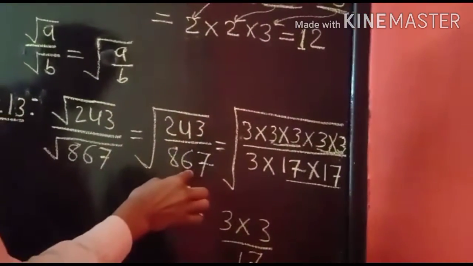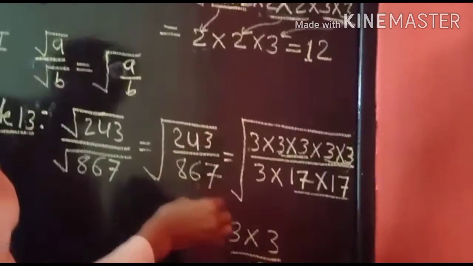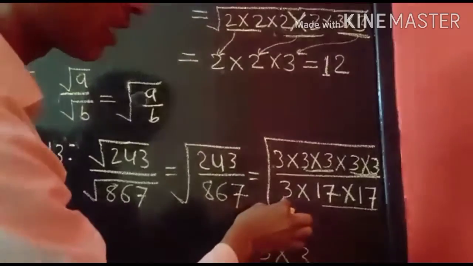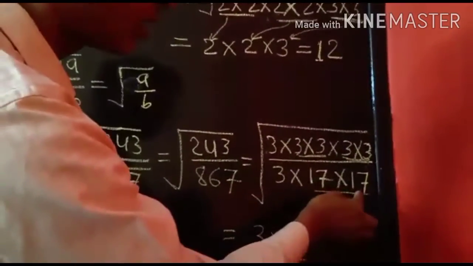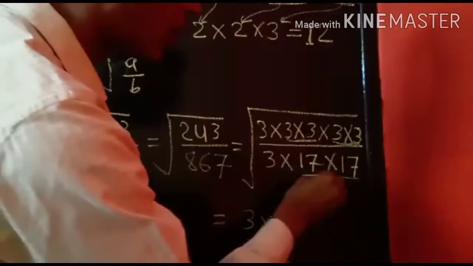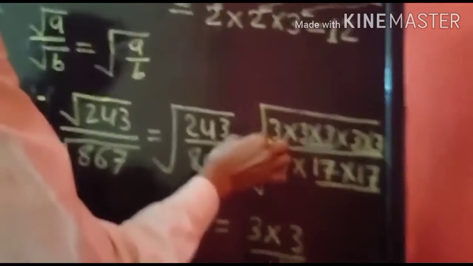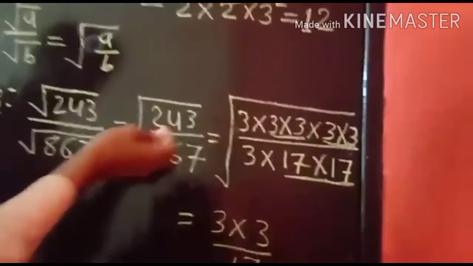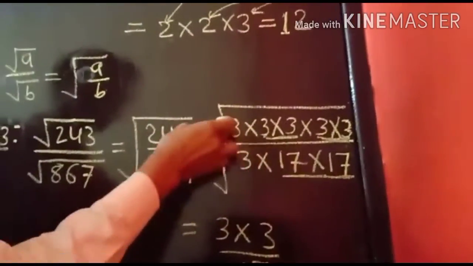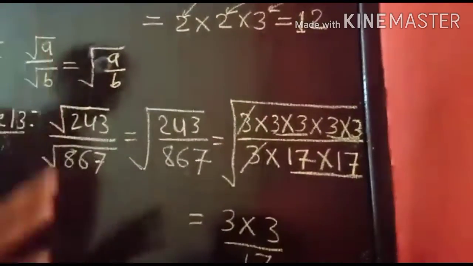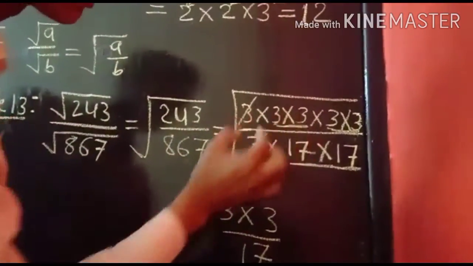And 867, when we find prime factorization, we get 3 multiplied by 17 into 17. So here we got one group of 17, but here also 3 is extra. So what can we do? In between the division sign is there, so we can cancel which is extra. So this extra will be cancelled. And now the rest are in exact pairs.